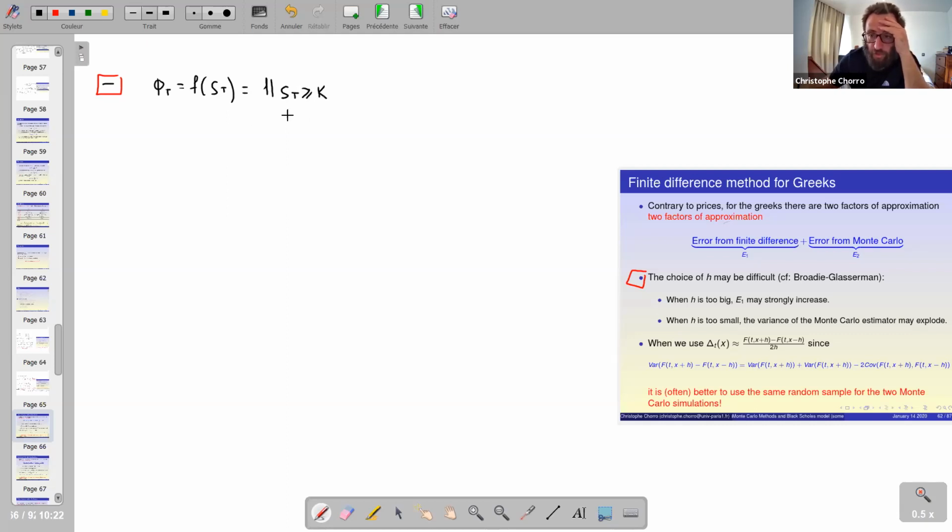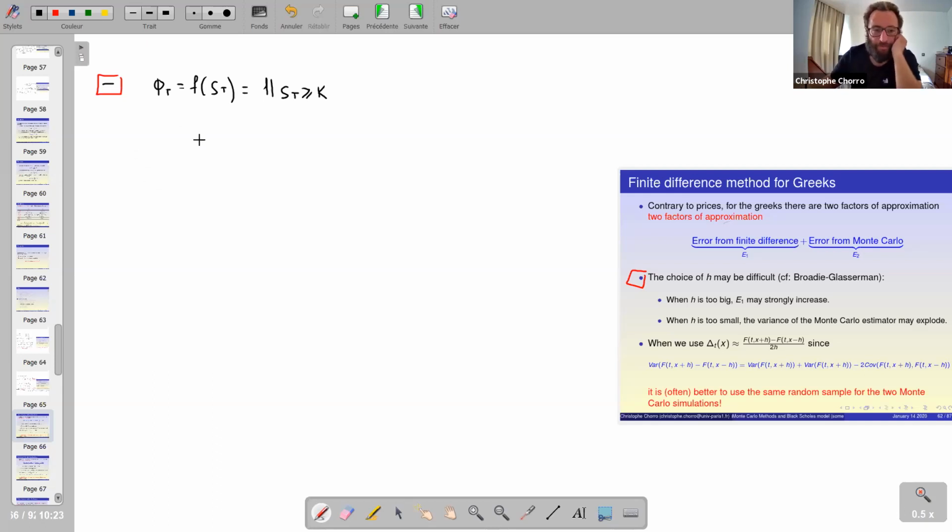It is just a financial product that pays 1 if S_T is greater than K and 0 otherwise. So it's like playing on whether S_T is greater than K or not, in a more basic way.